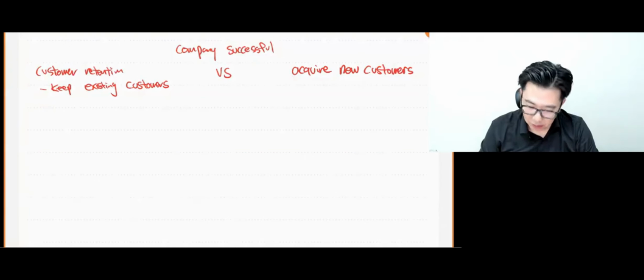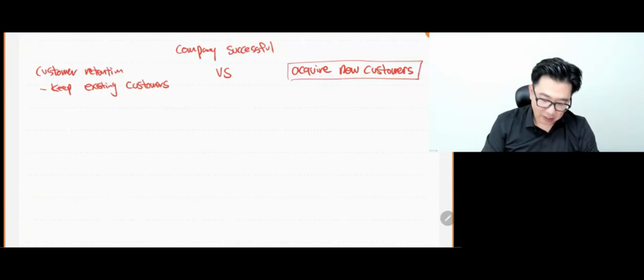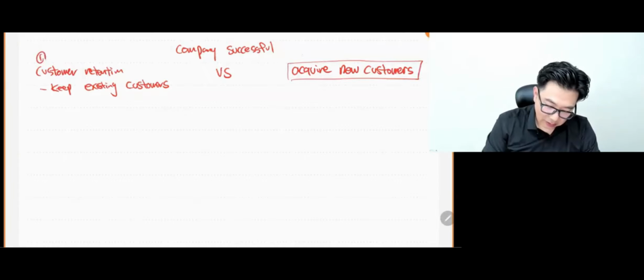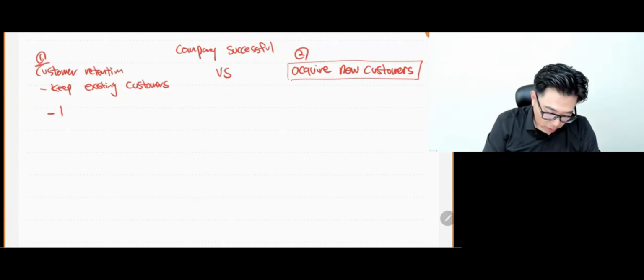So I'm going to go with this. Please keep in mind that the number one strategy is not wrong. Maybe the reason is it would cost less, so it's more cost effective.